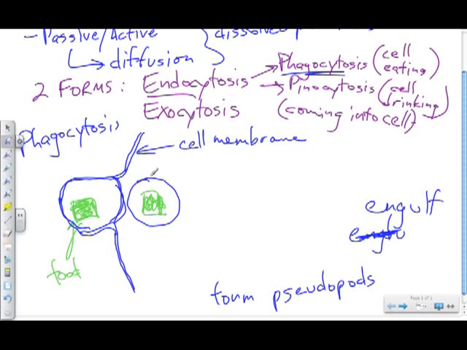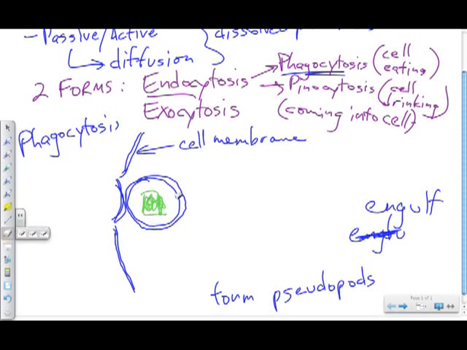Now this is the part 2 to this diagram. Let me erase some of this, because this is what's going to happen. It's going to engulf, and of course the cell membrane will get a little bit smaller, because now this is what we call a phagocytotic vesicle.